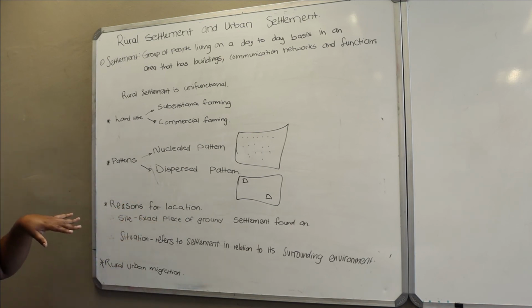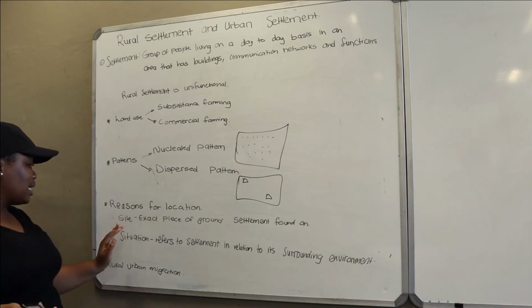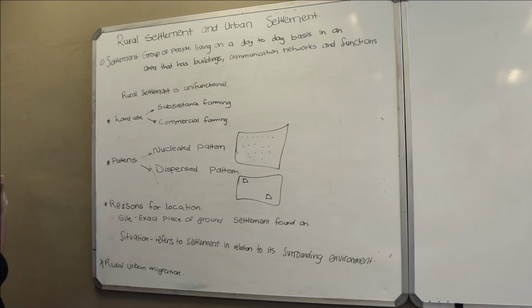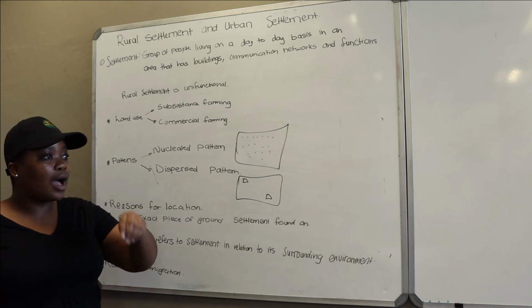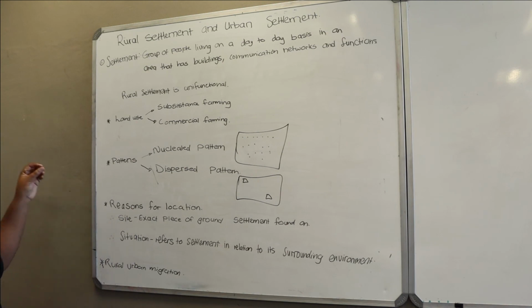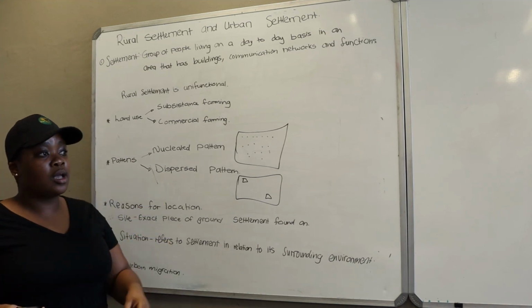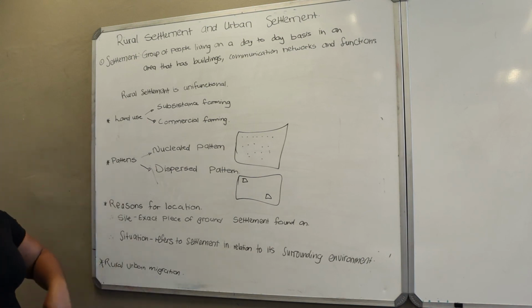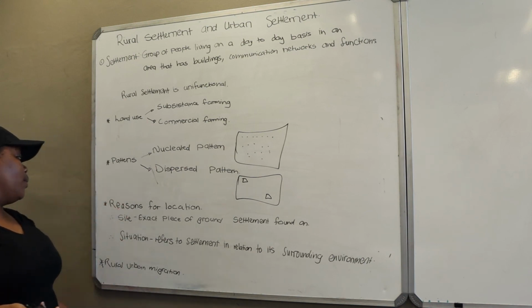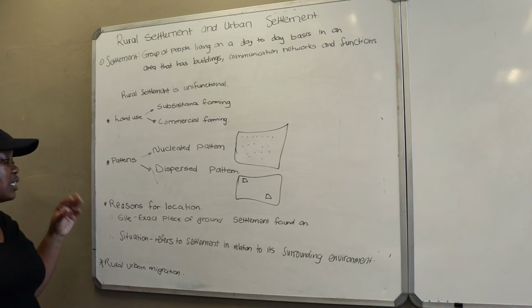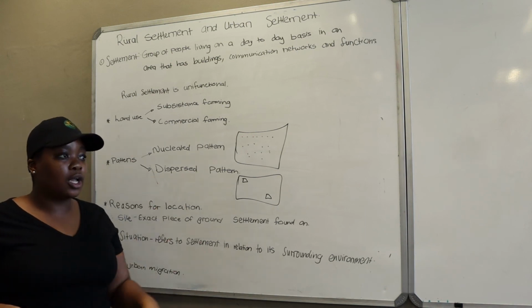Reasons for location: there's site and there's situation. Site is the exact piece of ground the settlement is found on, and when it comes to site, you need to look at the available resources, which are water, fertile ground, etc. Situation refers to the settlement in relation to its surrounding.